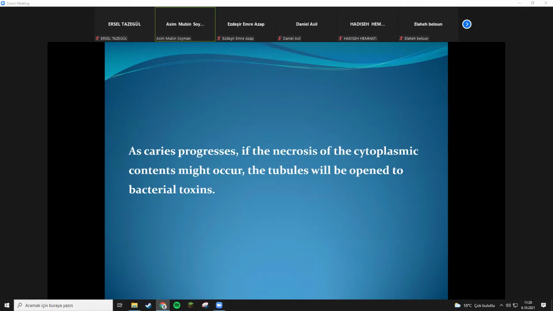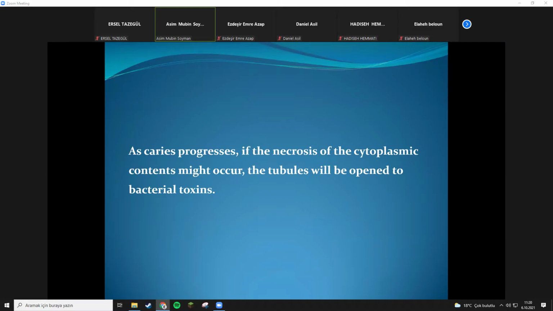And now, as caries progresses, if necrosis of the cytoplasmic contents occurs, the tubules will be open to bacterial toxins. If the caries progresses, of course, the cytoplasmic contents, what are the cytoplasmic contents?